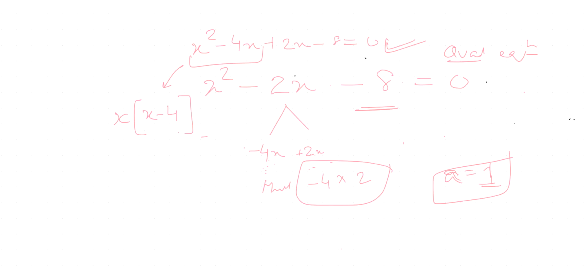You have to have the x minus 4 in the third and fourth term also. So I should multiply with a 2 so that I get 2 into x, and 2 into minus 4 is minus 8, which means x into x minus 4 plus 2 into x minus 4.